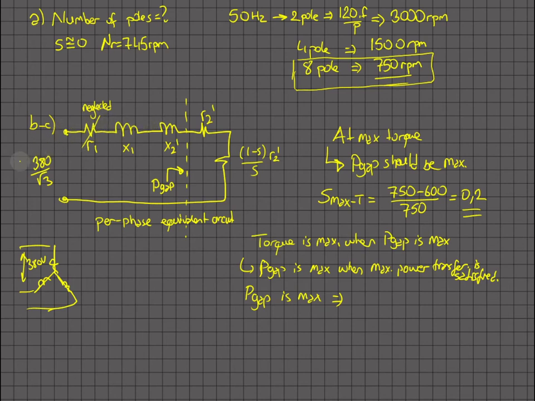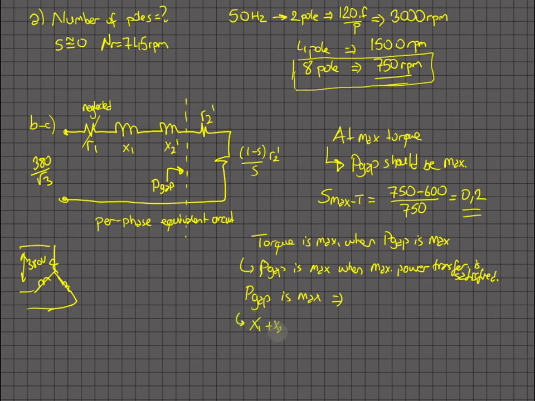So you can think this is like a source, and this is like the source impedance, and this is my load impedance. So that one normally I write R1, X1, X2 equivalent impedance should be equal to that one. But in our question, R1 is neglected. So I can write X1 here.